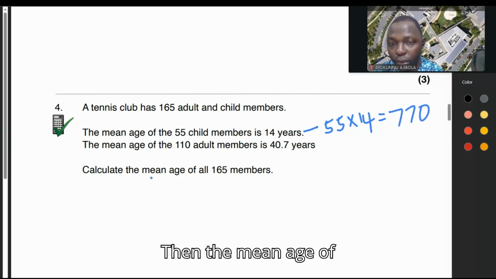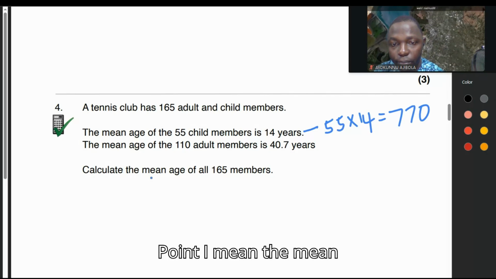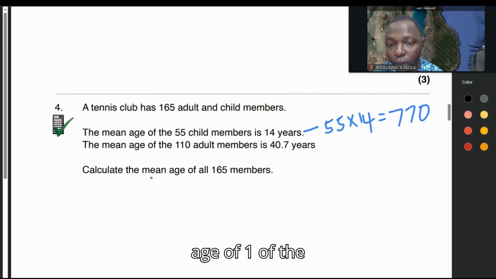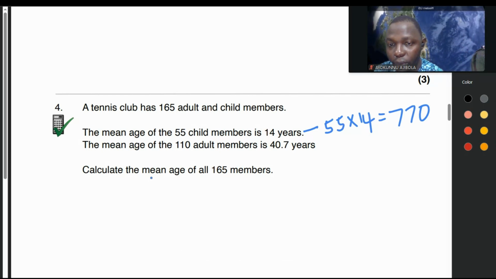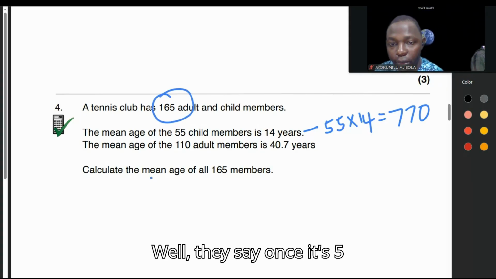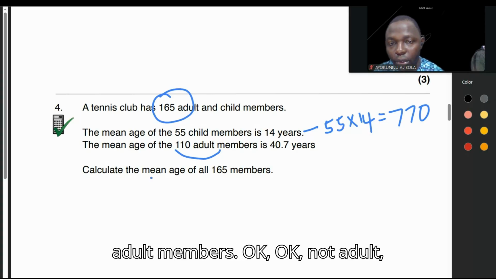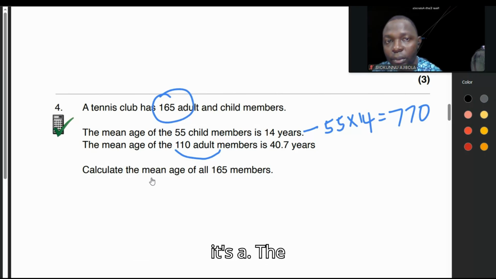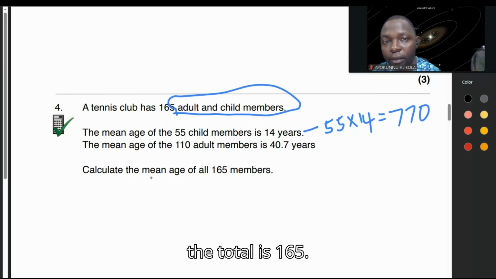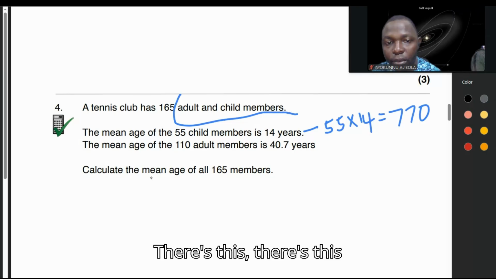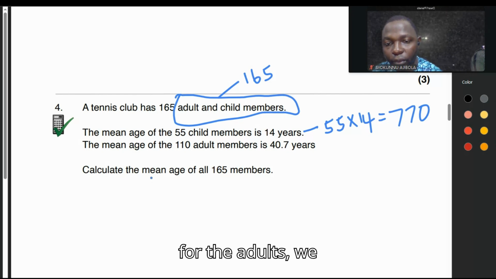Then the mean age of the 110 adult members is 40.7. Okay, the total of all members is 165, and for the adults, we have 110 adults.